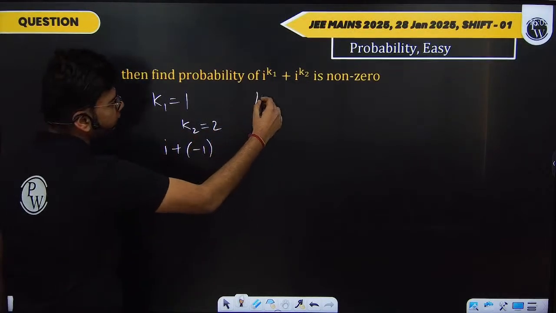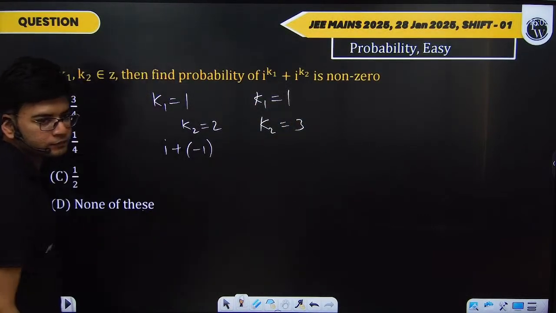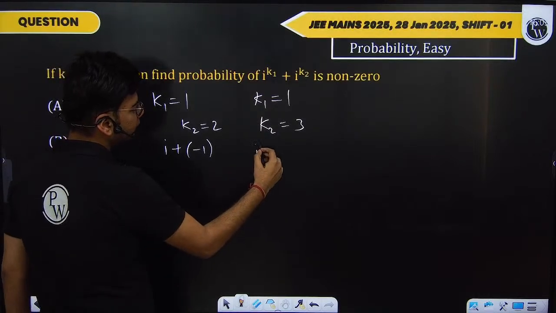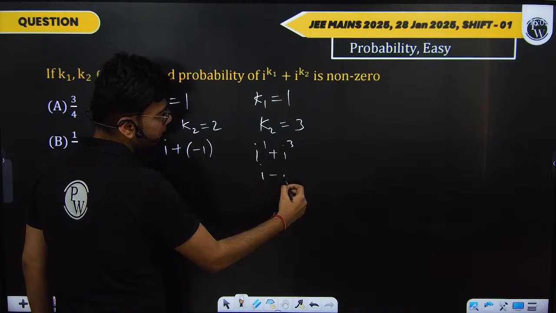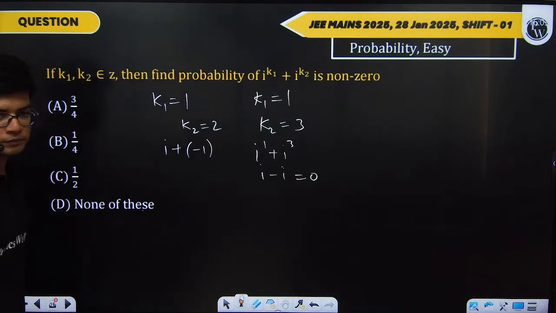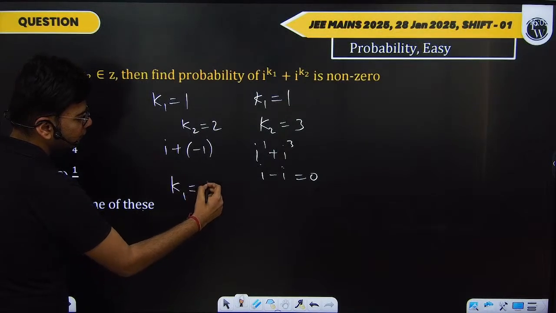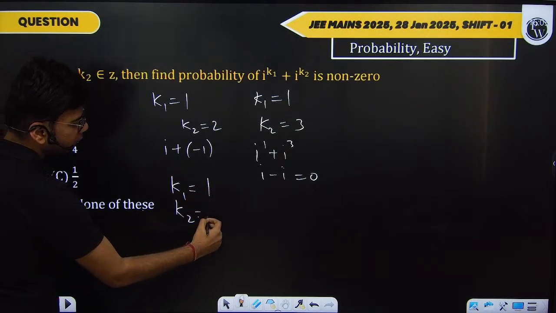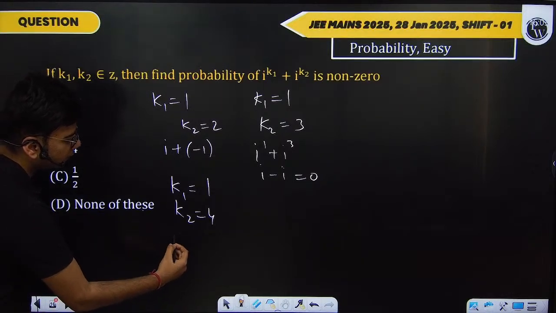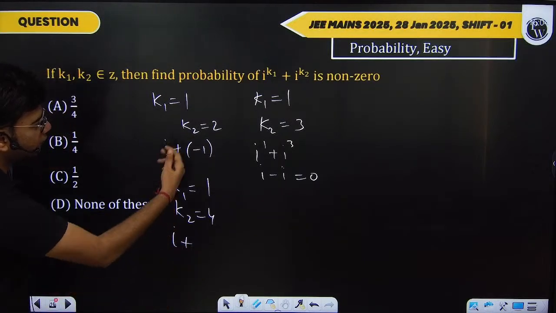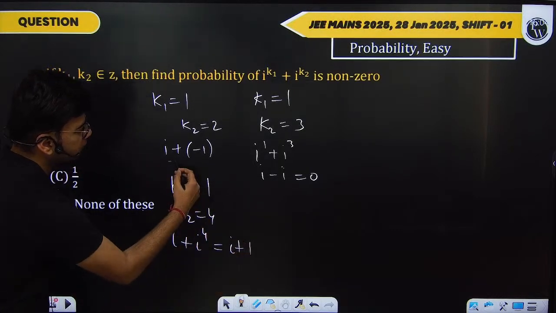If I take K1 as 1 and K2 as 3, you will get iota raised to the power 1 plus iota cube, iota minus iota, which is 0. If you take K1 as 1, K2 as 4, you will get iota plus iota raised to the power 4. This is iota plus 1, this is iota minus 1.